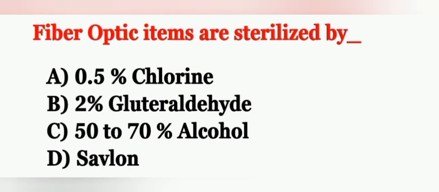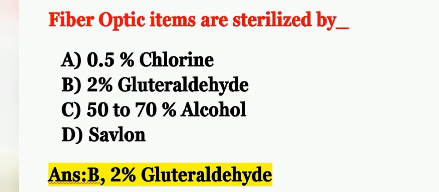And the next question, fiber optic items are sterilized by? Option A 0.5% chlorine, option B 2% glutaraldehyde, option C 50 to 70% alcohol, option D Savlon. Fiber optic items are sterilized by 2% glutaraldehyde. Option B is the correct answer.